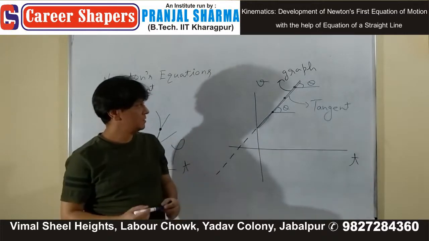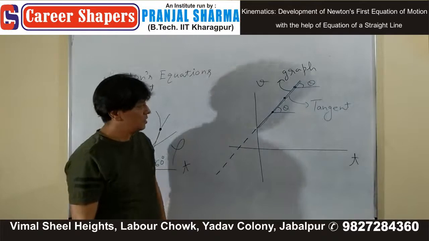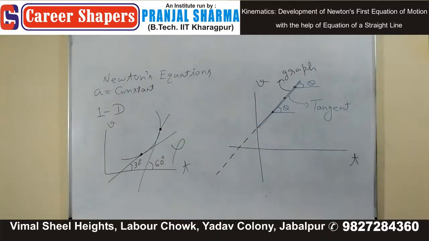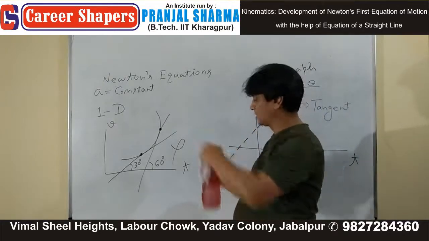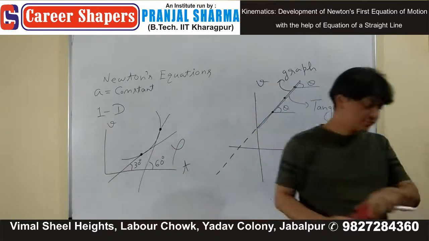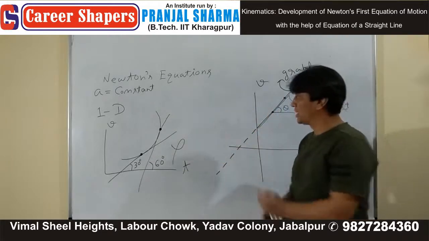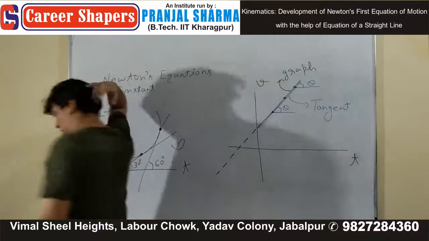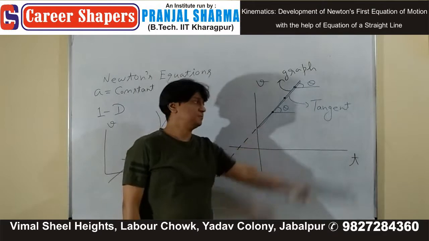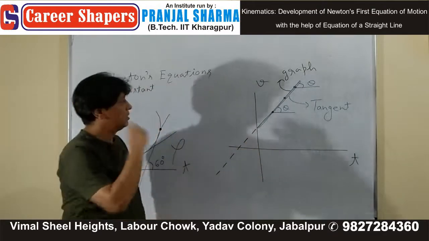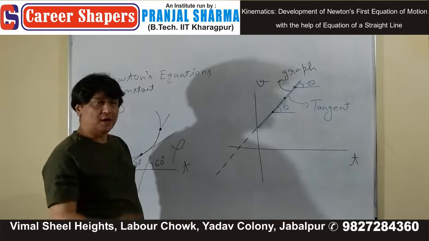Write down the statement. For Newton's equations, as acceleration is always constant, the graph between velocity and time should be a straight line.